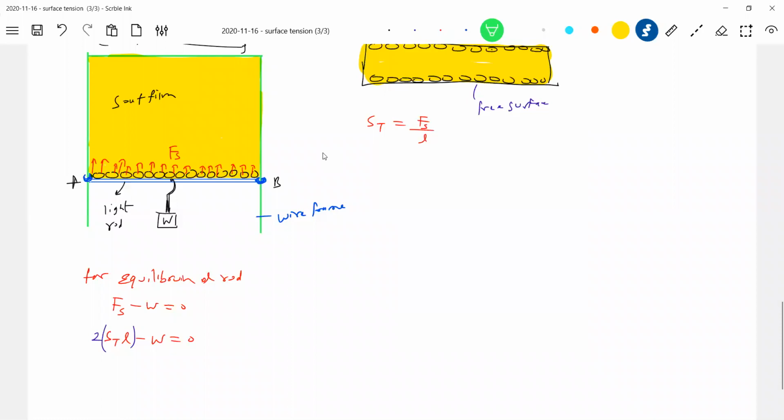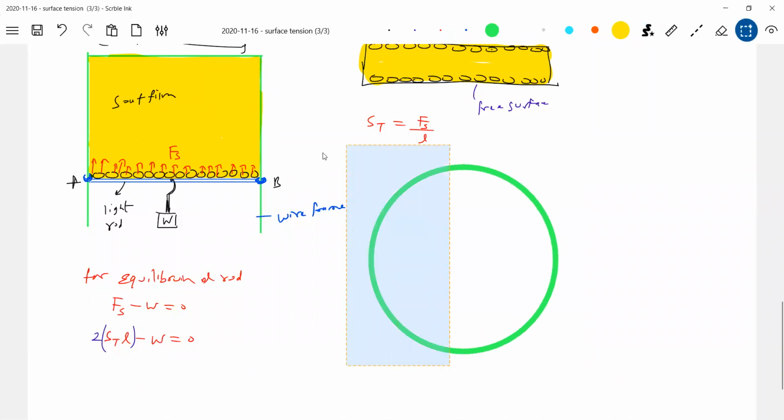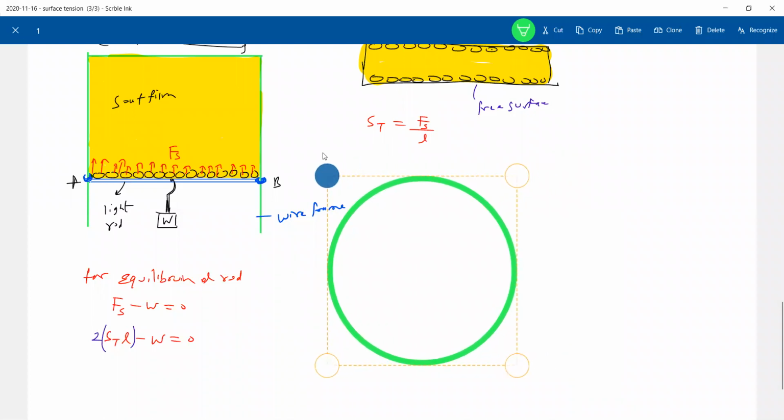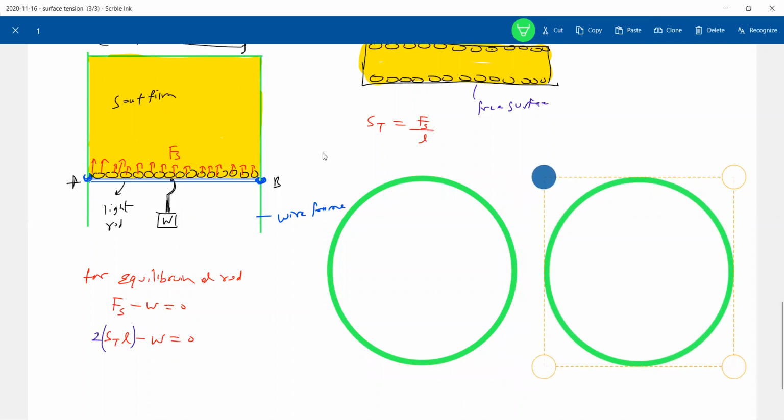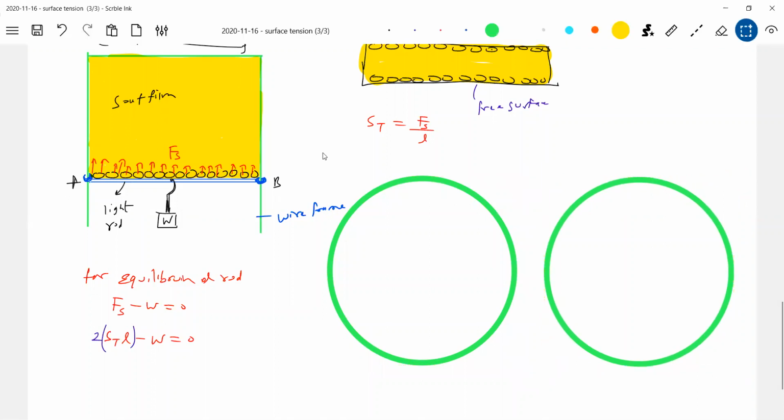So I'll take a wireframe. Yellow color is a soft film.